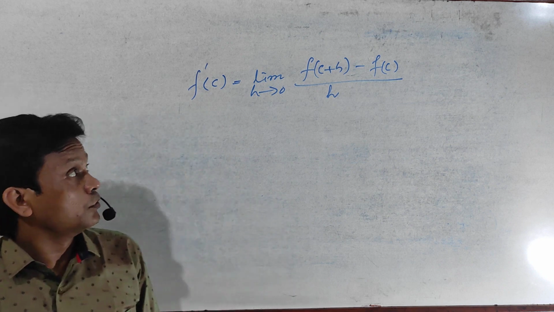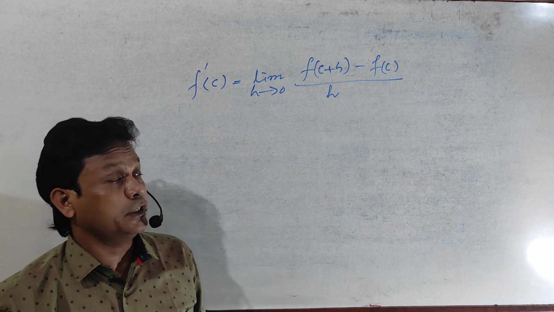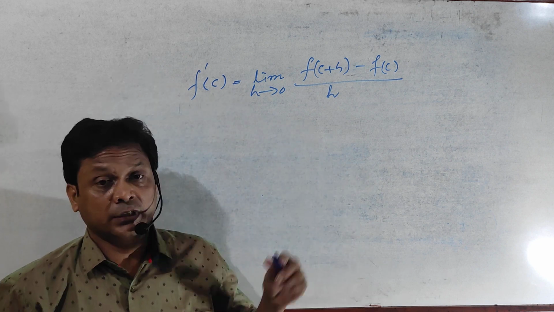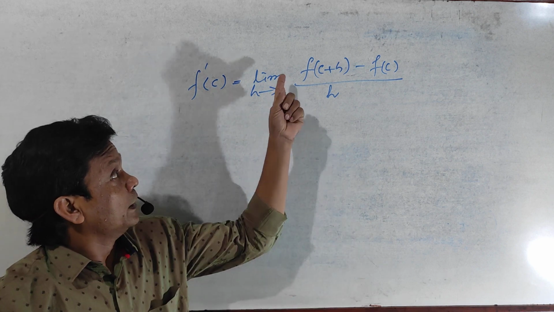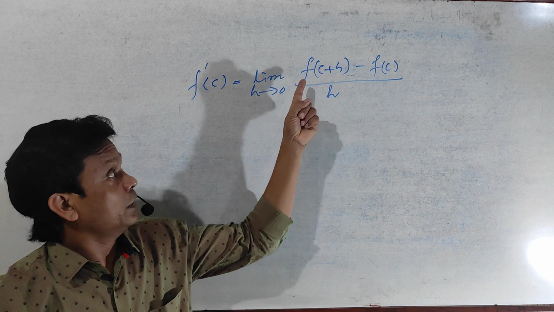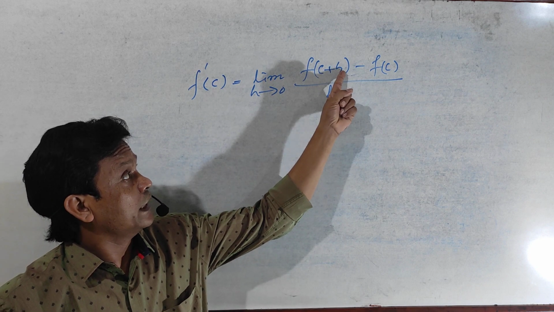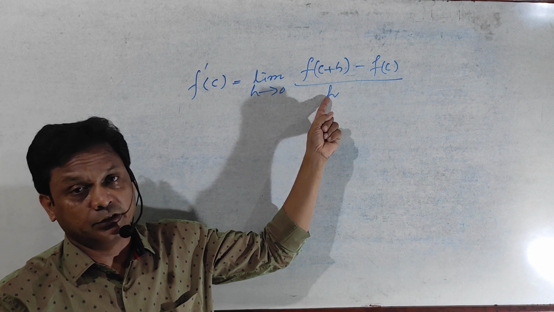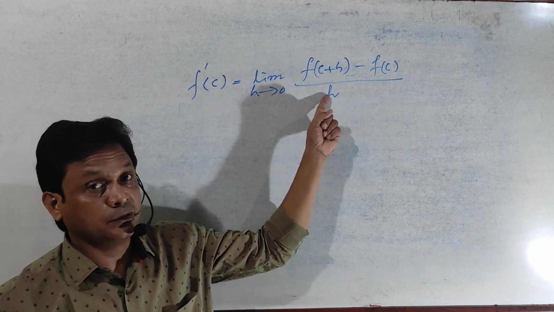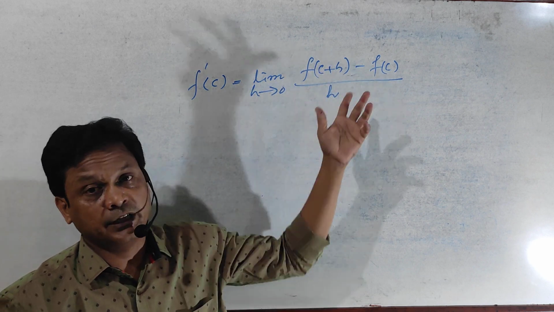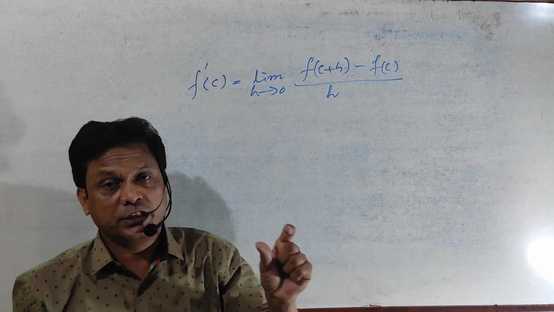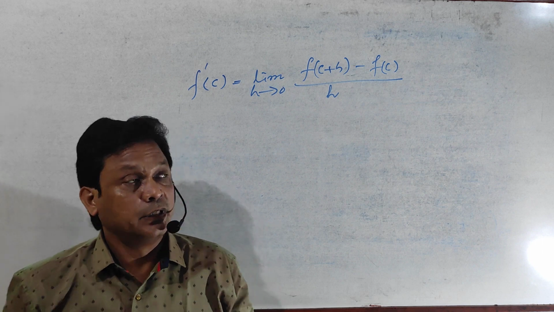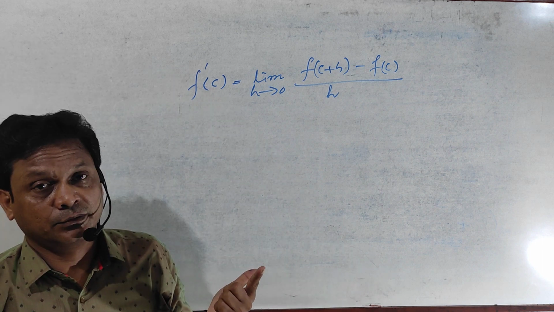See here, in the first definition I gave you the limit as delta x tends to 0 of f of x plus delta x minus f of x divided by delta x. In place of delta x I am writing h, and in place of x I am writing c. That means you are differentiating the function f of x at a particular point, and that point is c.